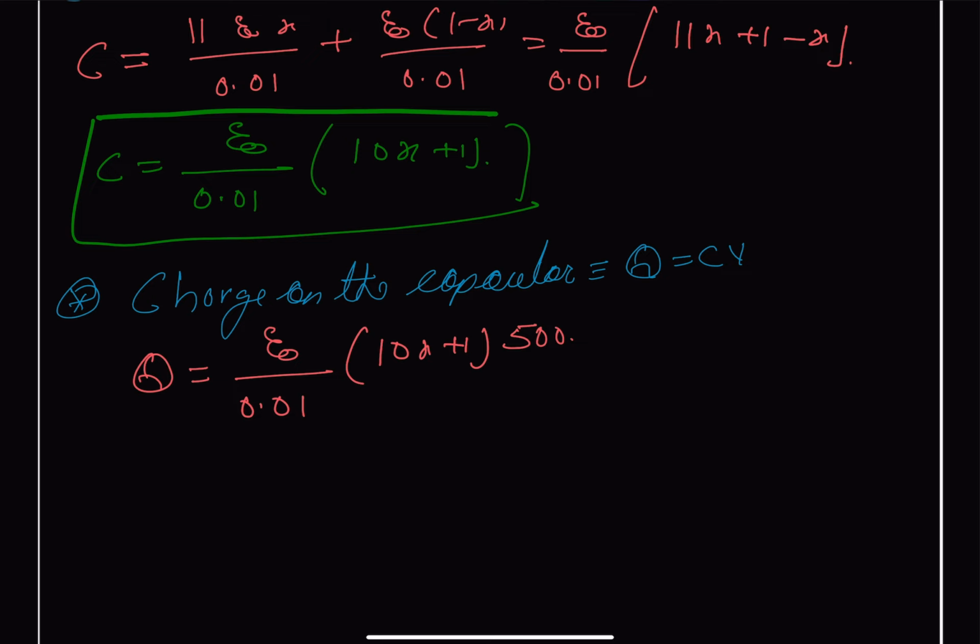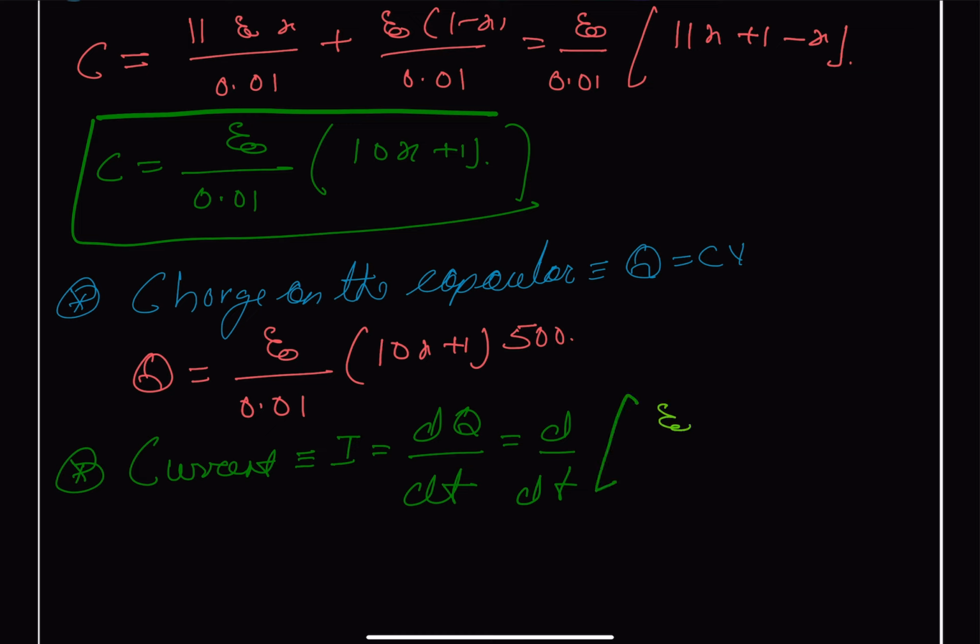So let us suppose the current is given as I will be equal to dq by dt, and this comes as d by dt of epsilon naught upon 0.01 (10x plus 1) multiplied by 500, and we can take the things which are common outside the derivative.